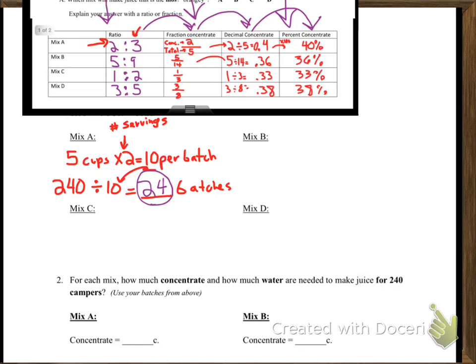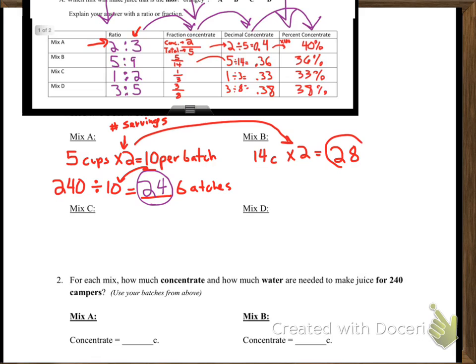Let's do mix B now. And if you're starting to get the hang of this and want to move ahead, go right ahead. Well, for mix B, how much per batch? 5 cups of mix and 9 cups of water gives us 14 cups, times those 2 servings, because again, that is the number of servings per cup, and it gives me 28.